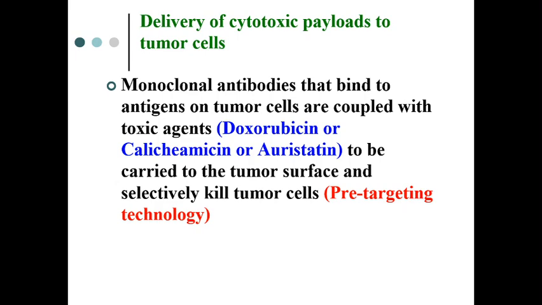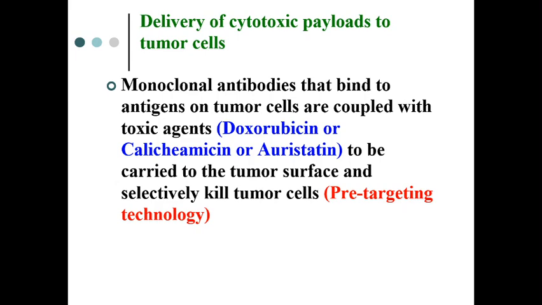Similarly, the monoclonal antibodies can also be conjugated with toxic agents like calicheamicin or statin, and I've already mentioned doxorubicin. And the specific killing of tumor cells can be brought about by pre-targeting technology.